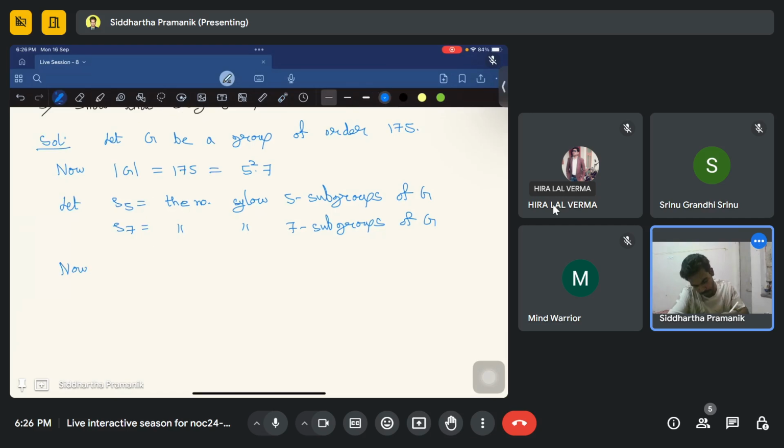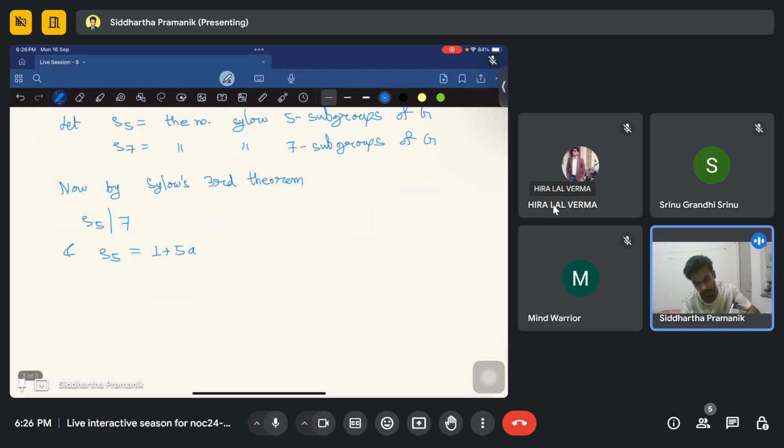Now by Sylow third theorem, S5 will divide 7 and S5 is equal to 1 plus 5a, right?